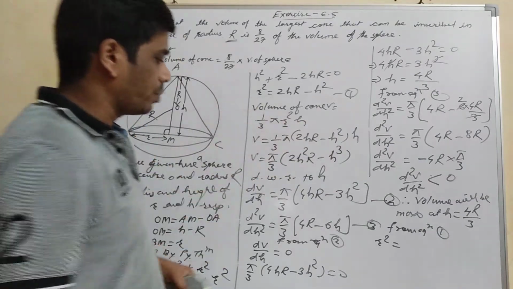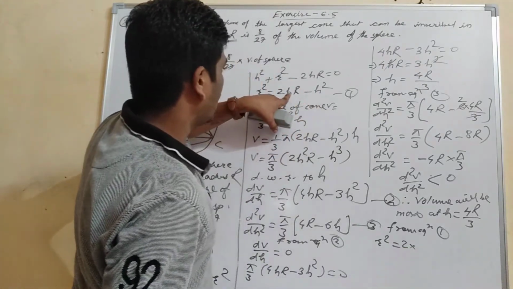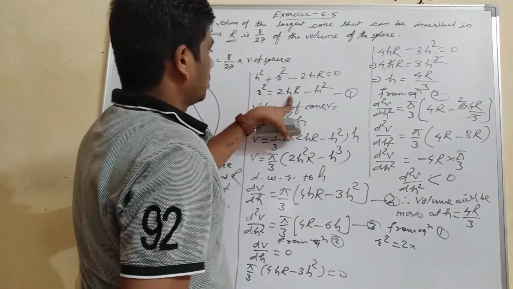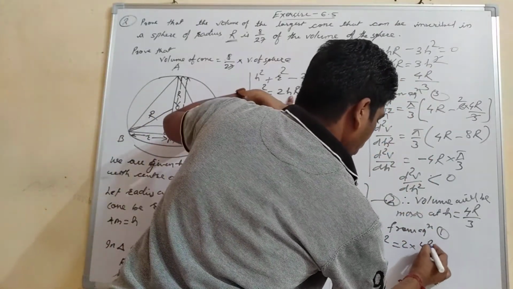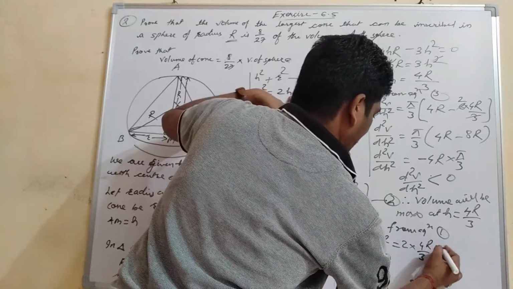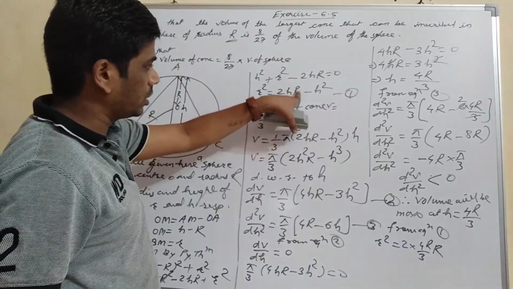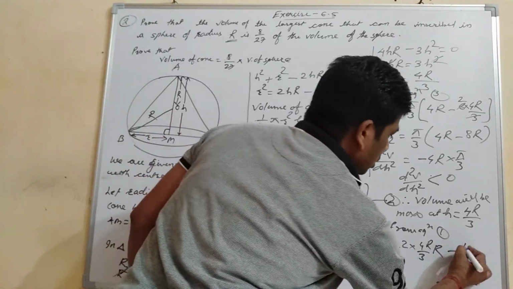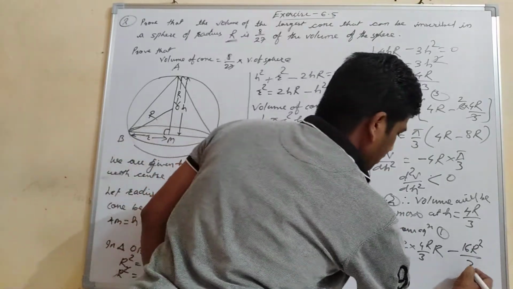That's why we are finding r square equal to 2 into h, and h will be 4R upon 3, into capital R minus this will be square, means 16R square upon 9.